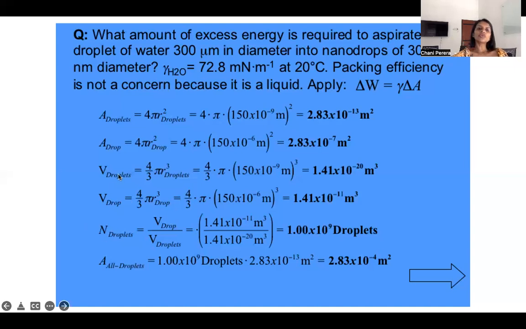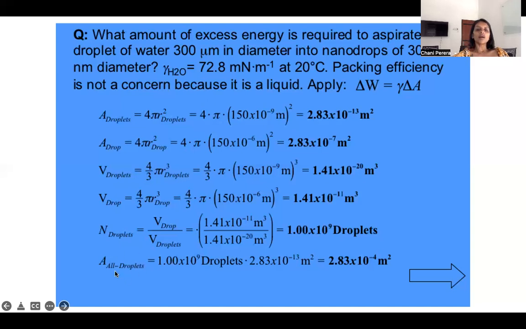To do that, you calculate the volume of the droplet and the volume of the drop, and then you just divide the volume of the drop by the volume of the droplet, and you will come up with 10 to the power 9 droplets. If you atomize it, that will create 10 to the power 9 droplets with 300 nanometer diameter.